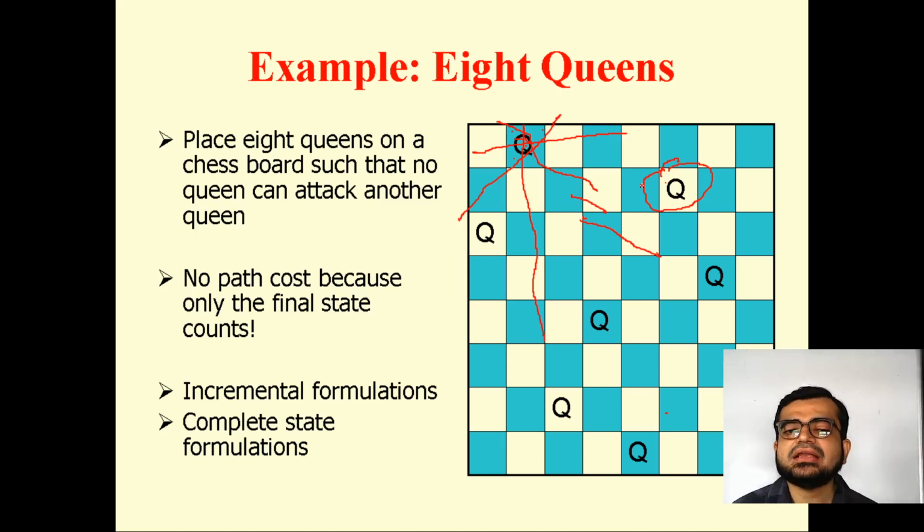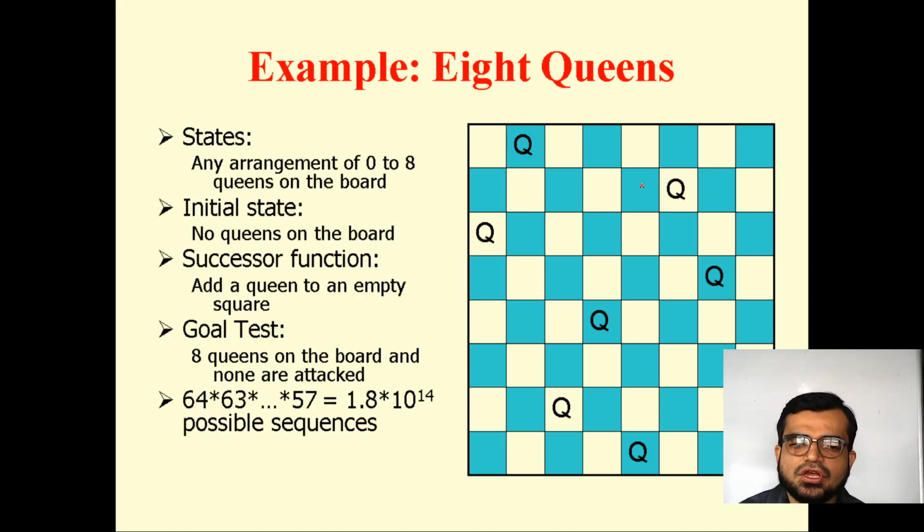So this is something like incremental formulation. Incremental formulation means that at one step you cannot get all the 8 queens. First you have to take an empty chessboard. Then you have to take the first queen and arrange it on any of the 64 locations.